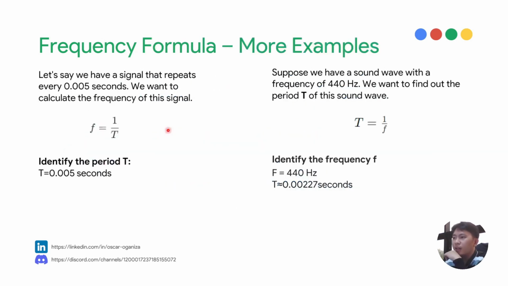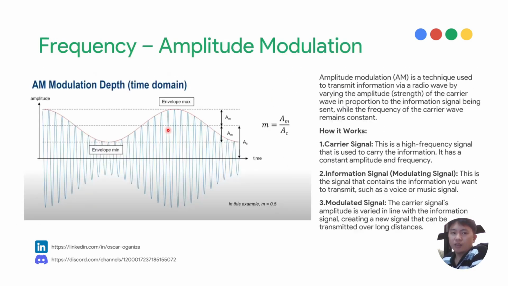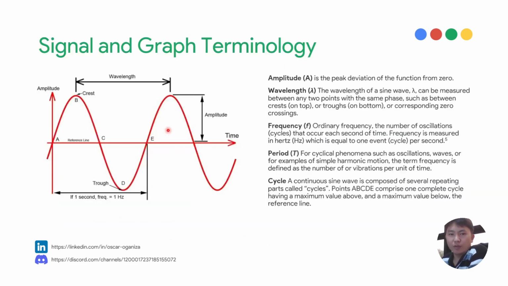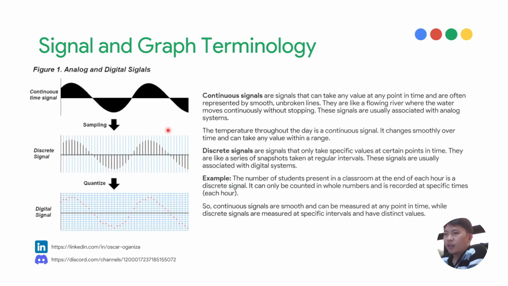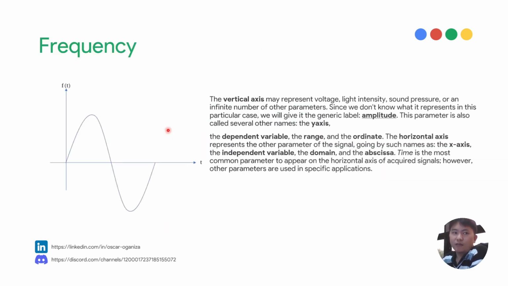So, I hope that our first meeting was worthwhile. Please take note of the following terminologies: the amplitude, the wavelength, the frequency, and the continuous, discrete, and digital signals and their conversions, and the function of time, with the y-axis being the frequency domain and the x-axis the time domain.